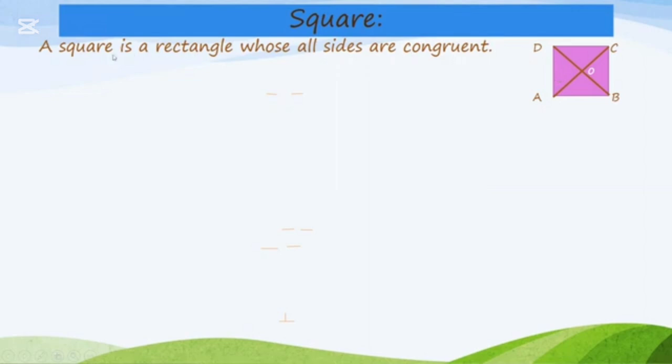Here in this diagram, you can see that all the sides are congruent. But the angles are all equal to right angle, that means 90 degrees. So it is a rectangle having all sides congruent. So if the square is a rectangle, that means all the properties of the rectangle are also included in square.